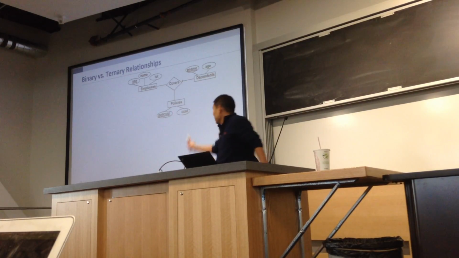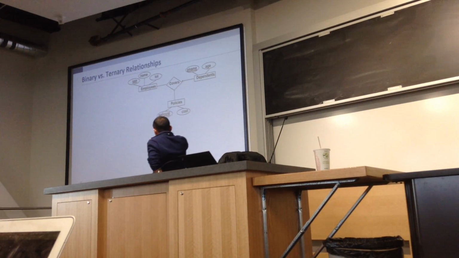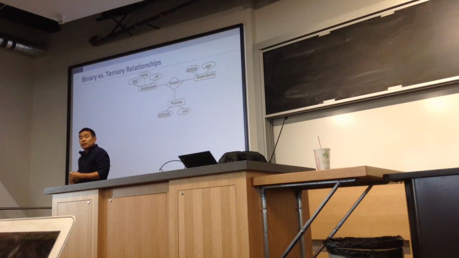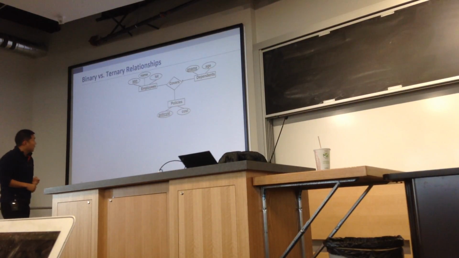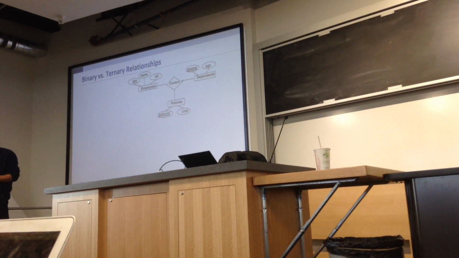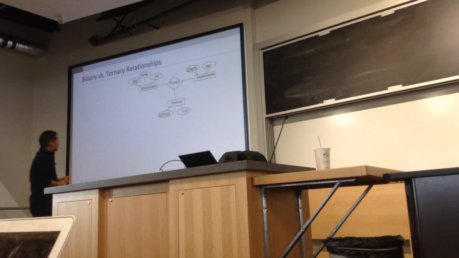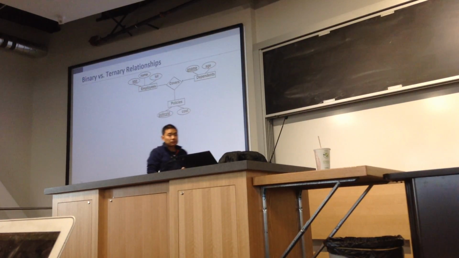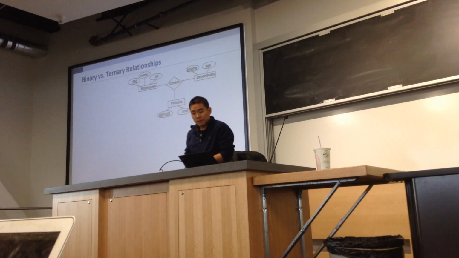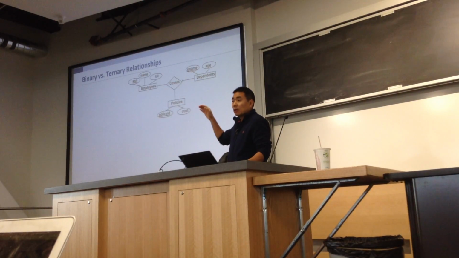Looking at this example, suppose I have employees, dependents, and healthcare policies. This is a ternary relationship set.